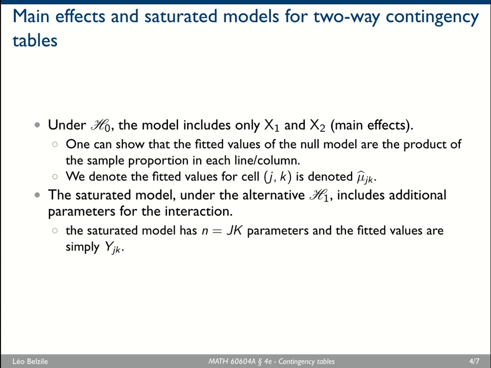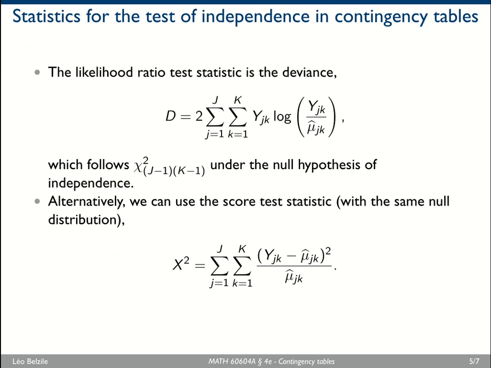So we do not need to fit the model with J times K parameters because the fitted values are simply Y_jk. And because we have in the output already this Pearson X2 and the deviance, these are actually the likelihood ratio statistic for comparing this interaction model with the main effect model only.